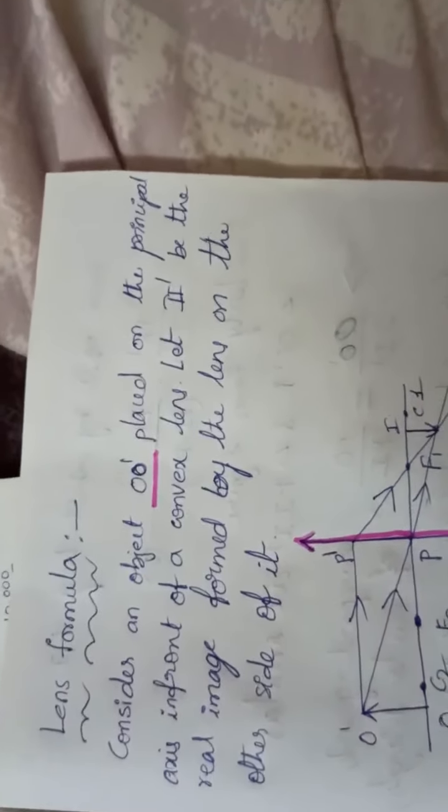This is the convex lens, and the object here we are taking behind the center of curvature. We already studied how we can draw ray diagrams for different situations.